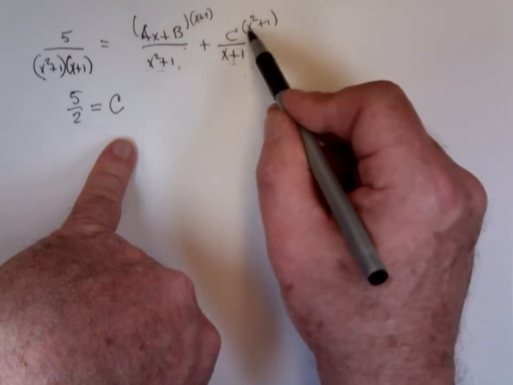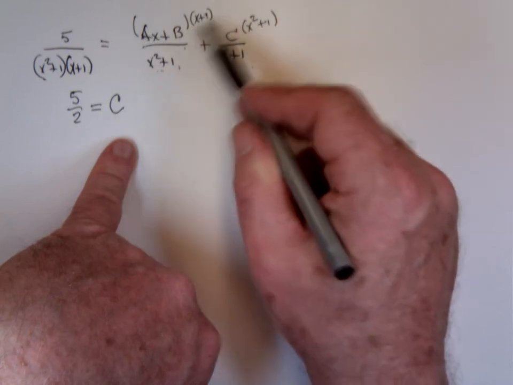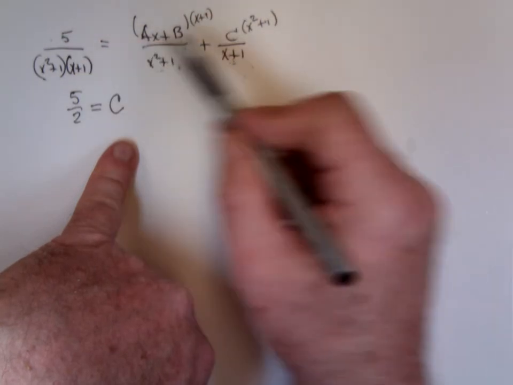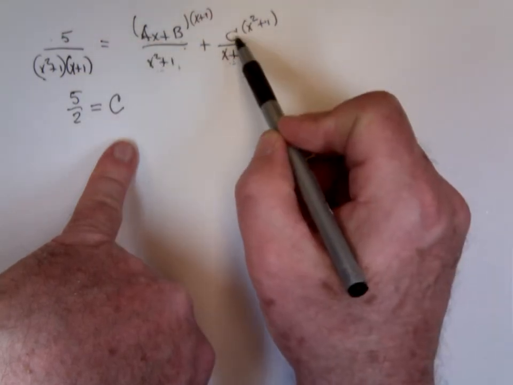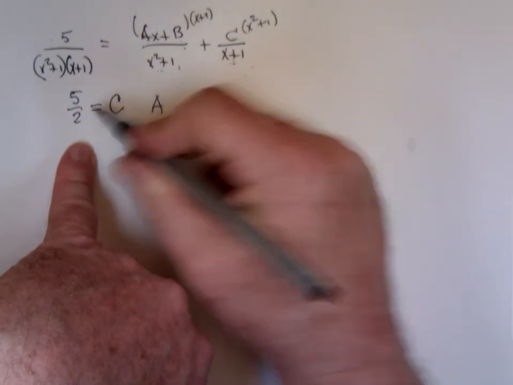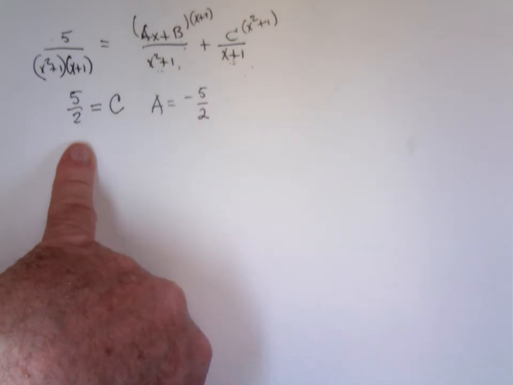I will not have any bx squared; I have 0x squared over here. So a plus c must be 0. C is 5 halves, so a would be negative 5 halves, because I have no x squared terms here.